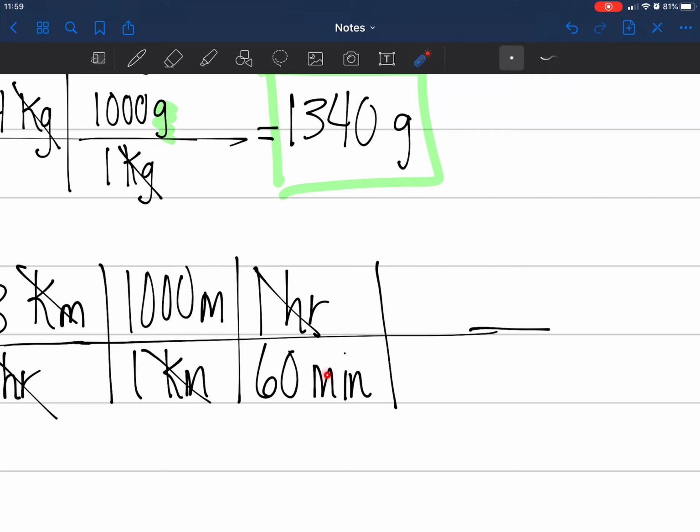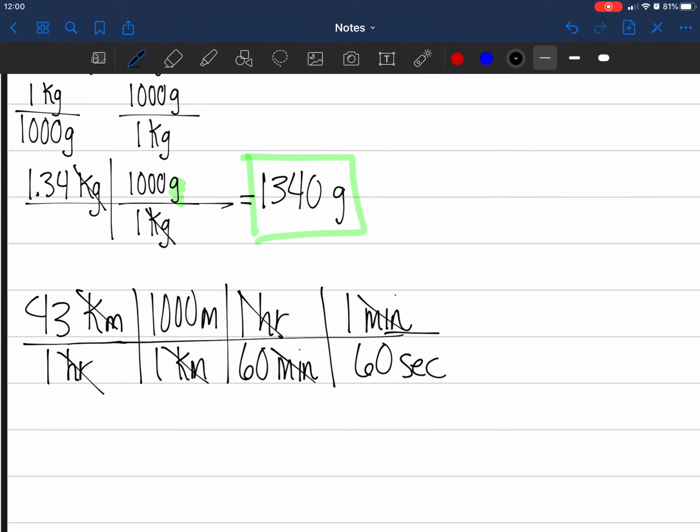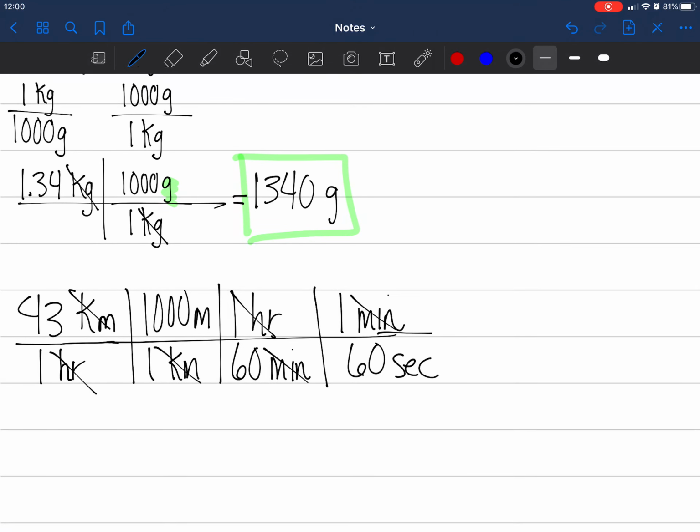That means opposite of minutes, there has to be minutes. So in 1 minute, there are 60 seconds. I'm going to cancel out minutes and minutes, and I'm left, if I zoom out a little bit, with meters per second.